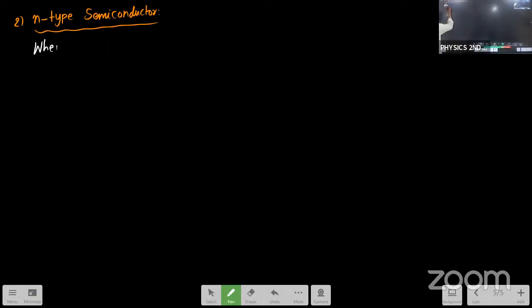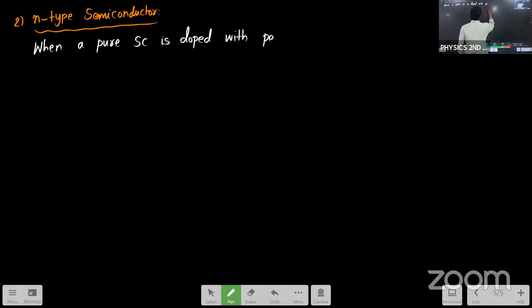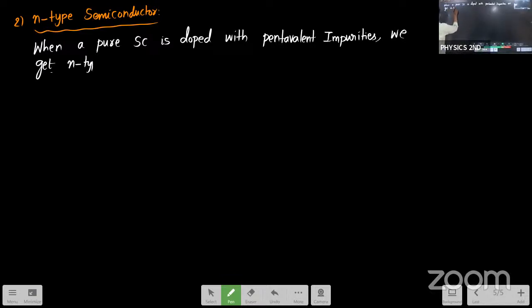When a pure semiconductor is doped with pentavalent impurities, we get N-type semiconductor.